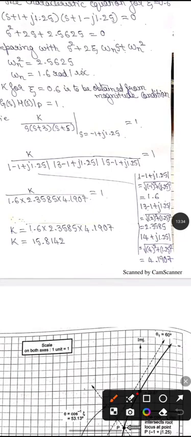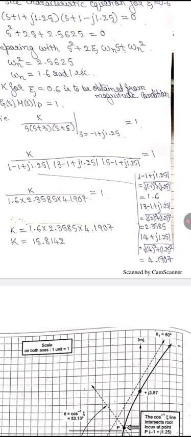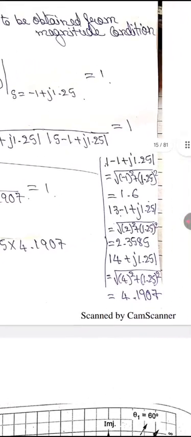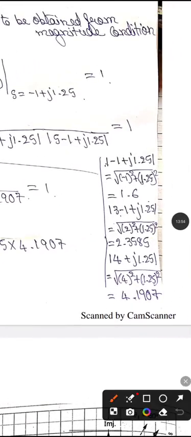So here k divided by, in the place of s you replace with -1 plus j1.25. We are finding the magnitude. How do we find the magnitude? See here: for example, -1 plus j1.25 is there, means square root of -1 square plus 1.25 square. So the answer you'll get is 1.6. Similarly you need to do for all.